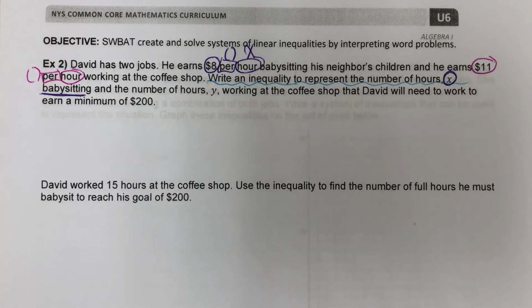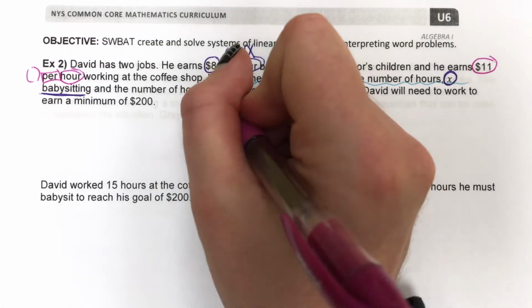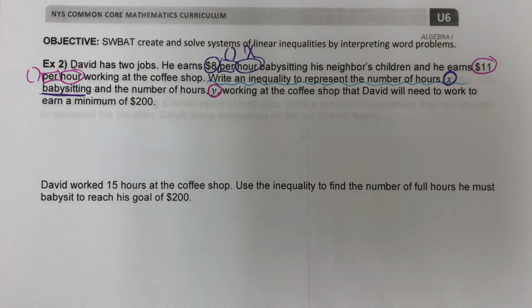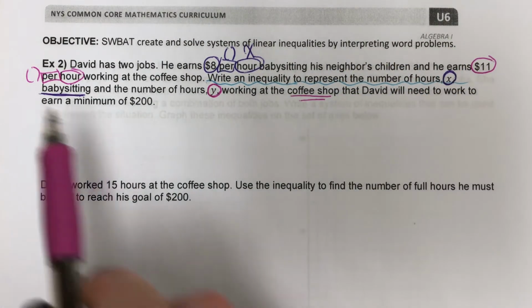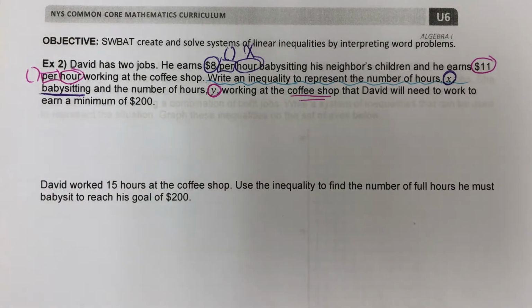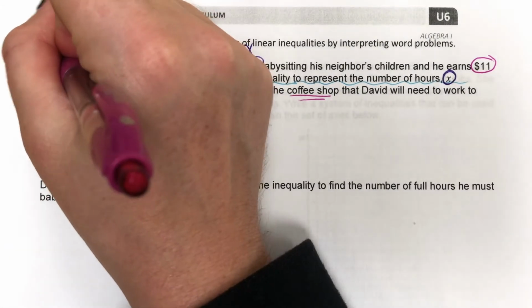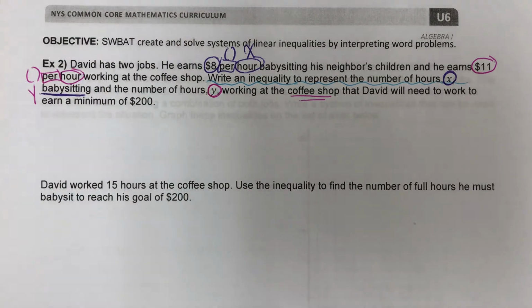And then it says the hours of working at the coffee shop is gonna be Y. So again, Y is a key number. Y represents the coffee shop. So again, this is gonna be 11 per hour. So this would be $11 times Y. Let me put a little Y on the side here. So 11 times Y.